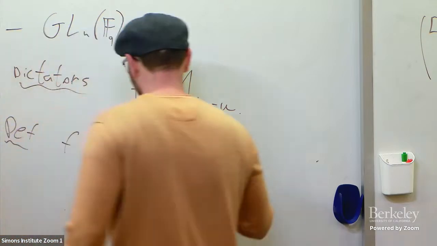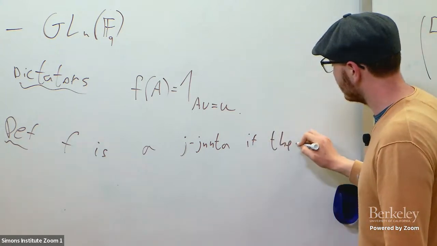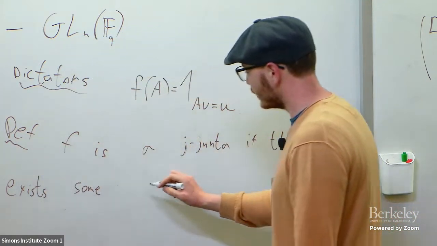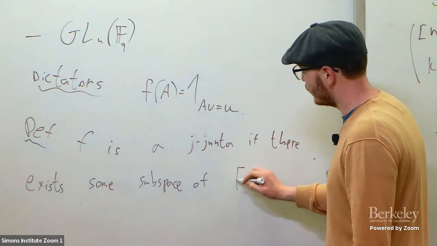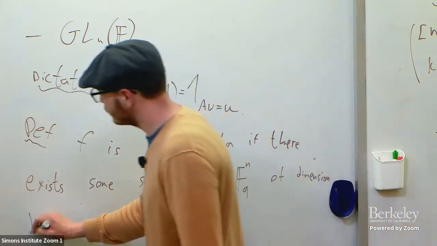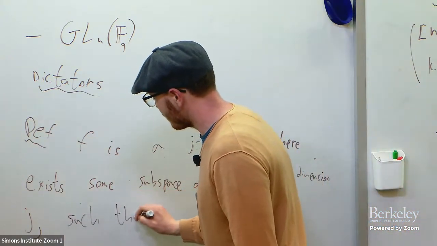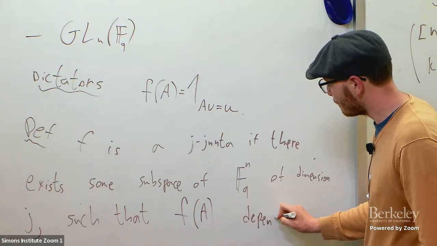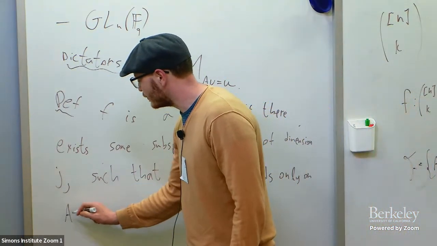So F is a J-junta if there exists some subspace of F_q^n of dimension J, such that the value of F on a matrix A depends only on the restriction of A to this subspace.